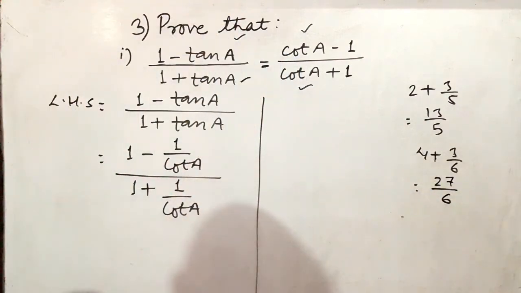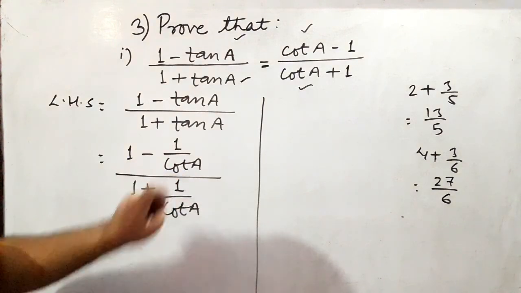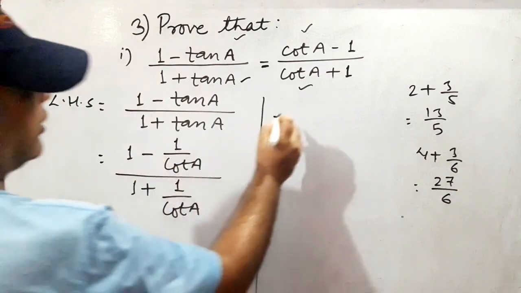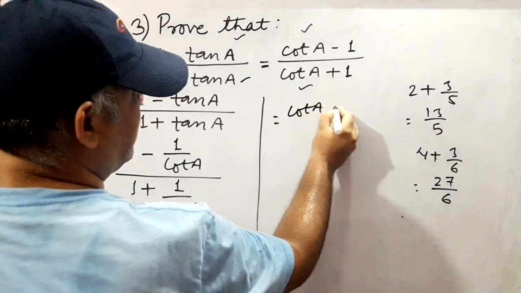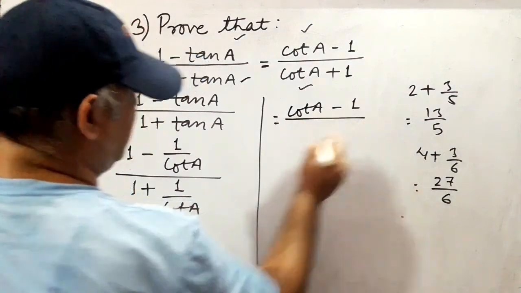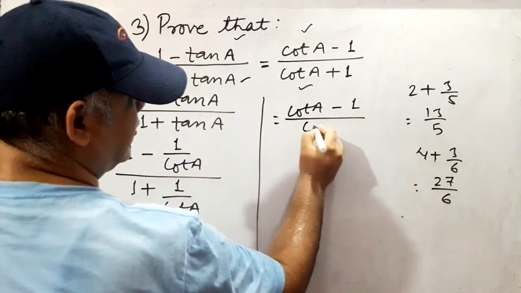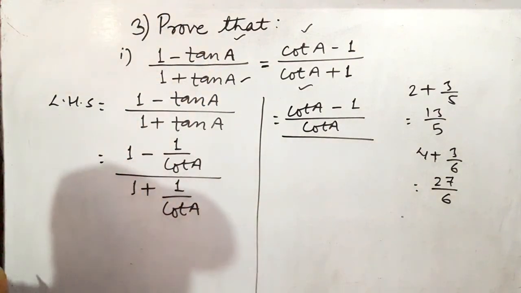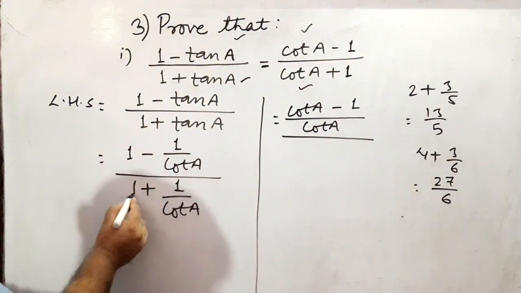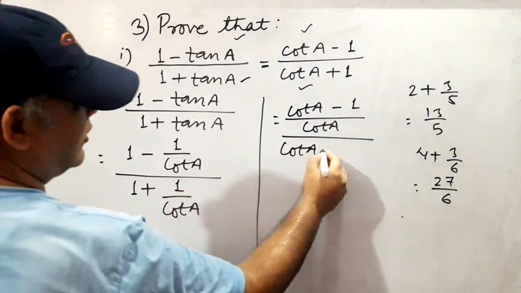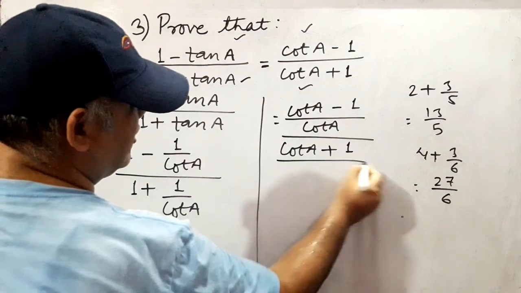In the same way, 1 minus 1 by cot a can be simplified as cot a into 1, cot a minus 1, by cot a. Now this also can be simplified in the same process, cot a into 1, cot a plus 1, by cot a.